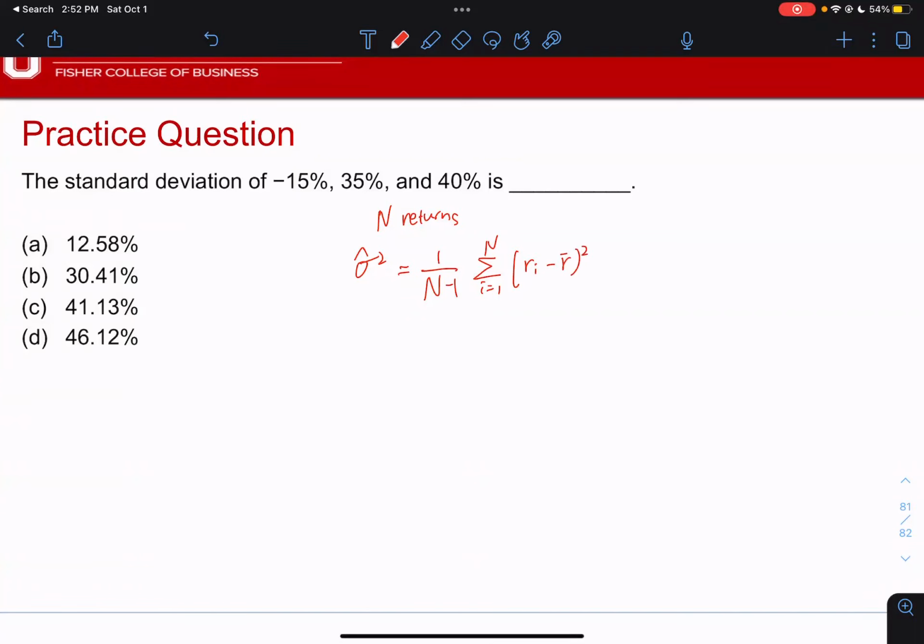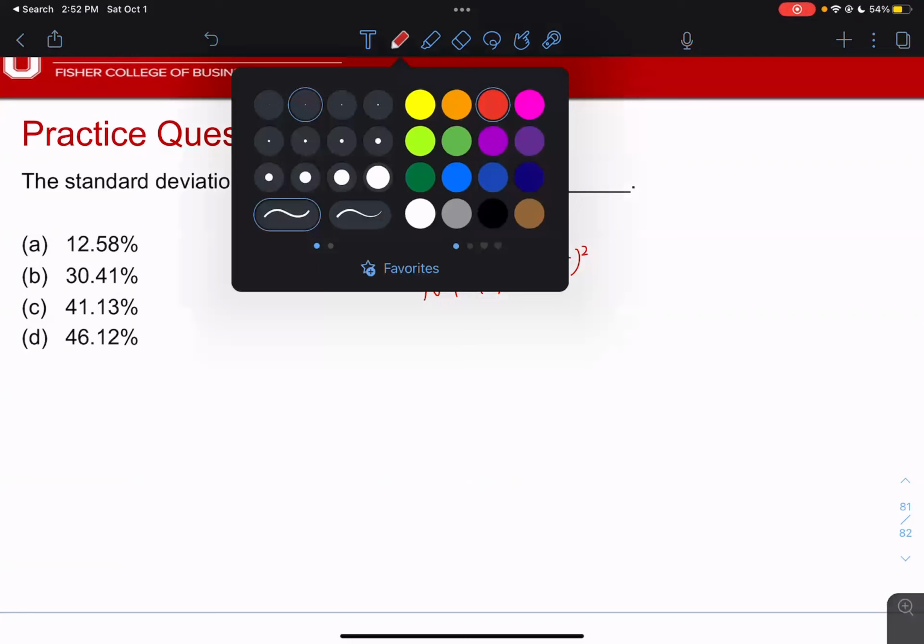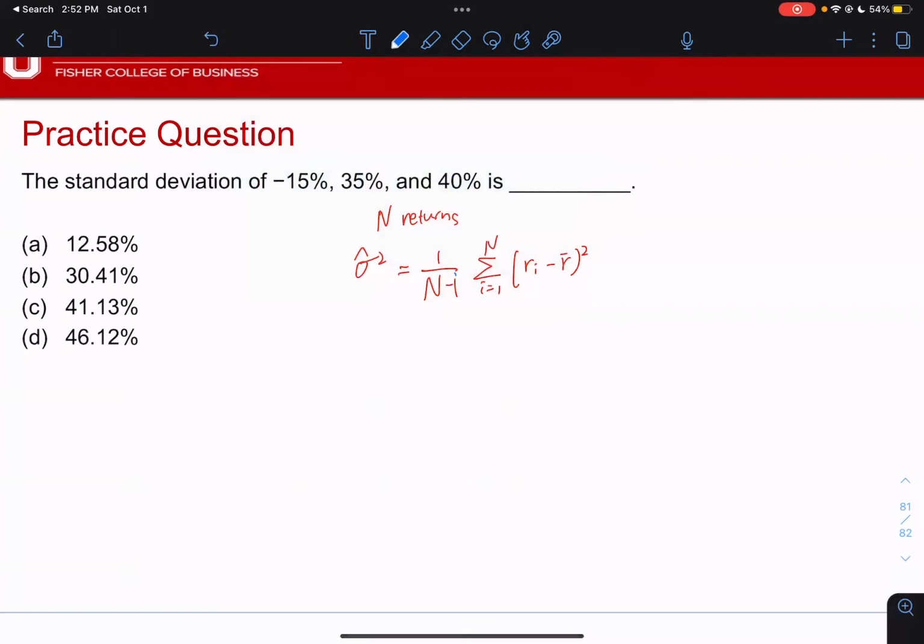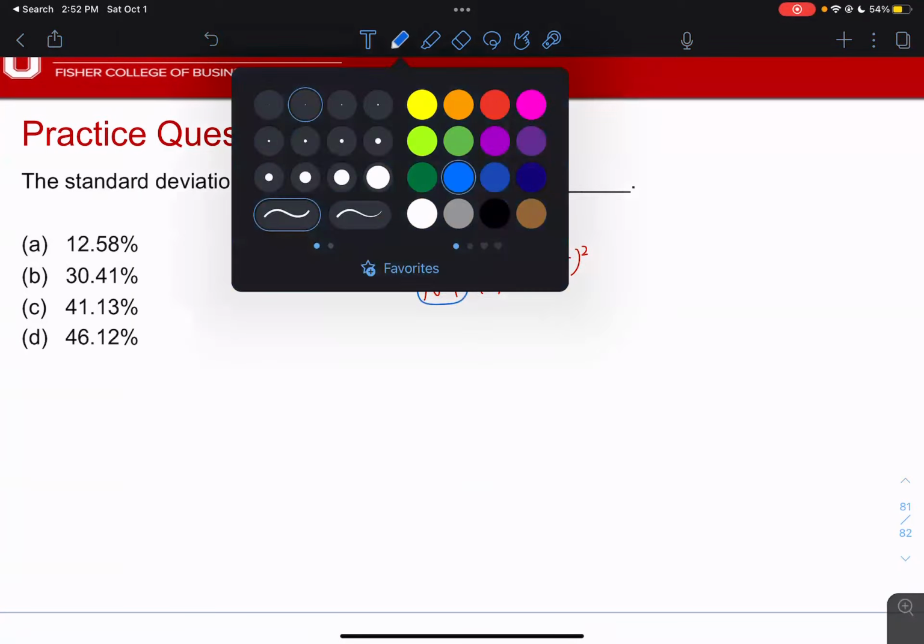Okay. So what I messed up is here. It should be n-1, not n. I even told you why it's n-1, to correct the bias, but I myself forgot when I didn't see the formula.